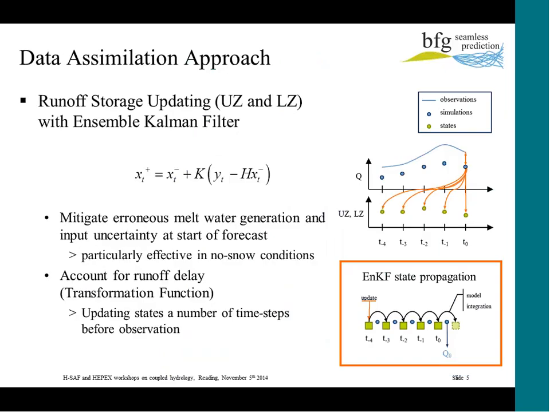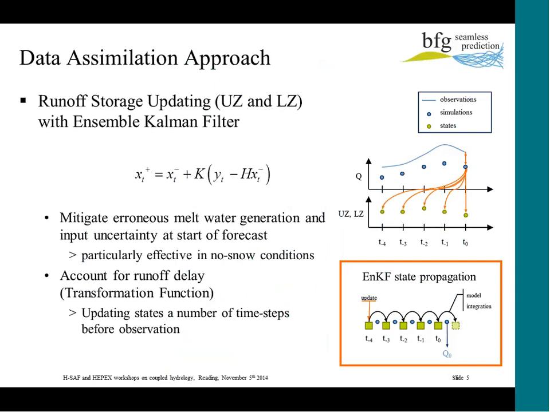So the data assimilation approach. Shortly, data assimilation is about finding model state or initial condition which leads to a model simulation at a given time step which is consistent with observations.